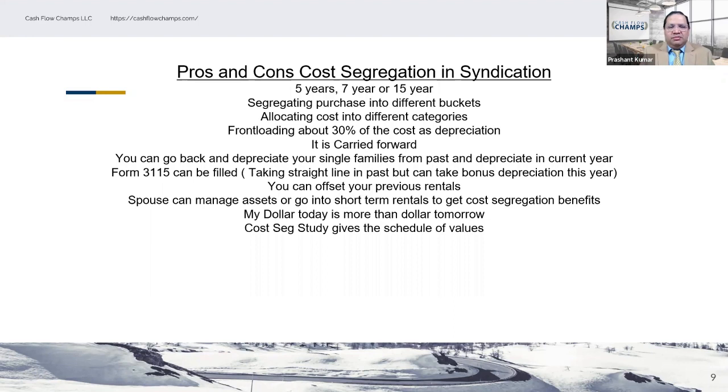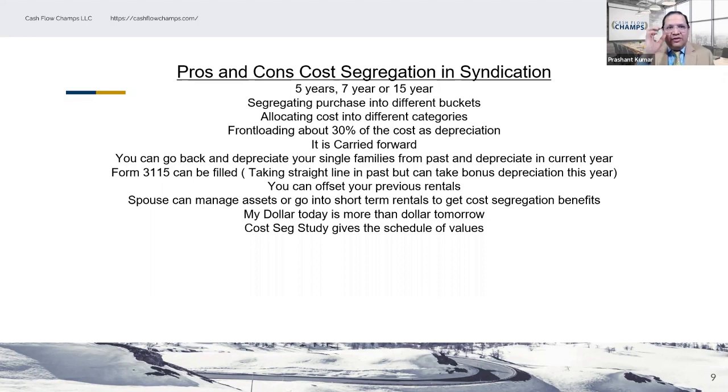For bigger projects, that 30% is approximately equal to the investments, and in some cases takes care of the closing costs and so on. So 30% of the property is depreciable in year one, meaning that almost all the investments can be depreciated.